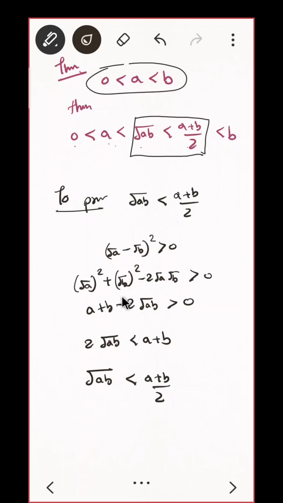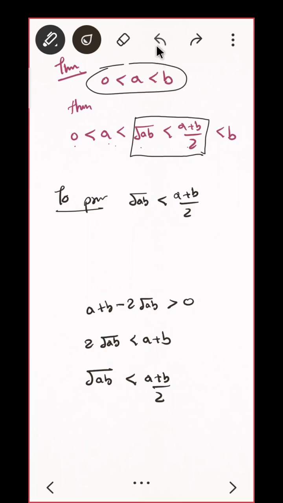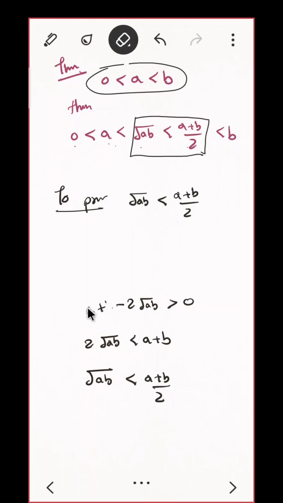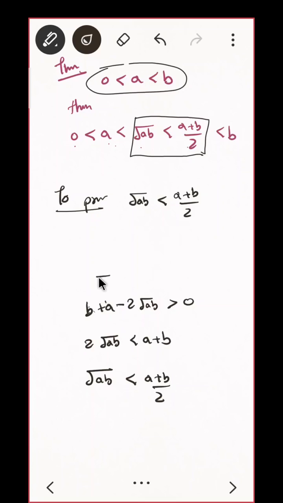I think I should write root b minus root a, because b is greater than a. So maybe I should write first b then a. Is that okay? There is no issue, because we just want to prove it. Even if we had done it the other way, it would not have made any difference. So this part will become root b minus root a the whole square, that is positive.